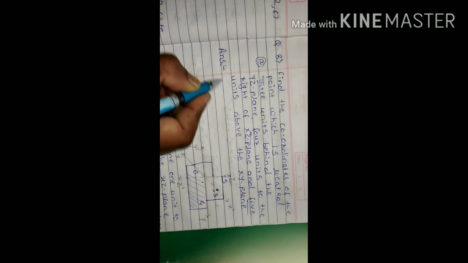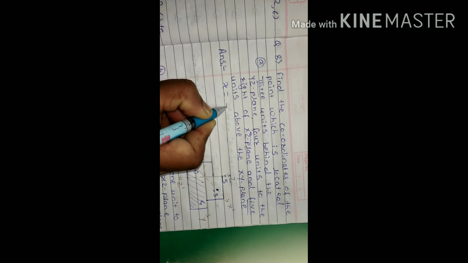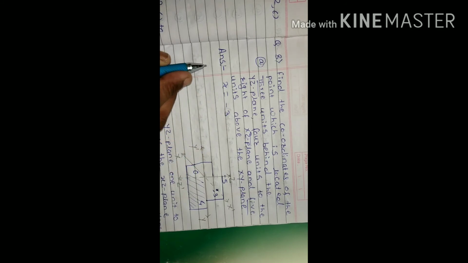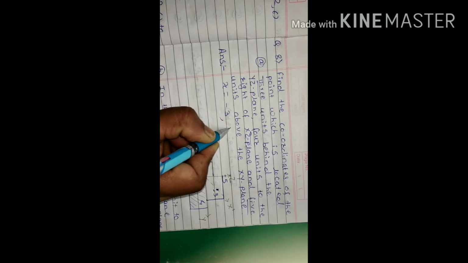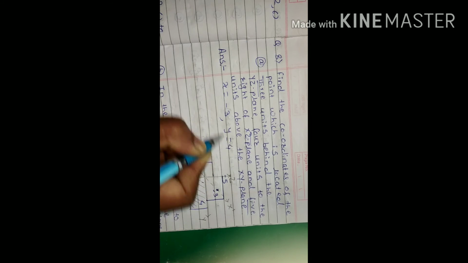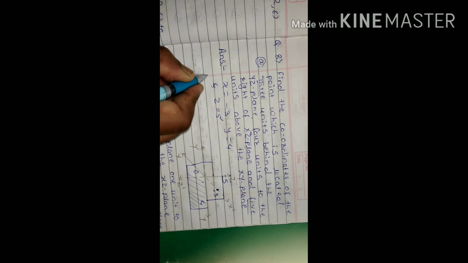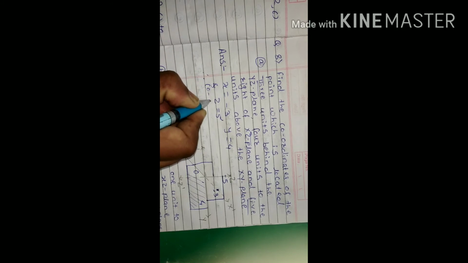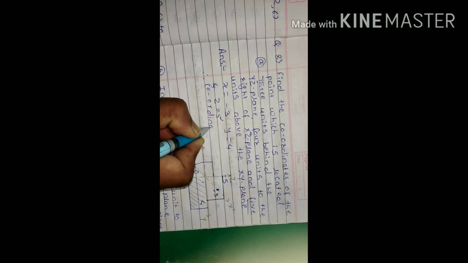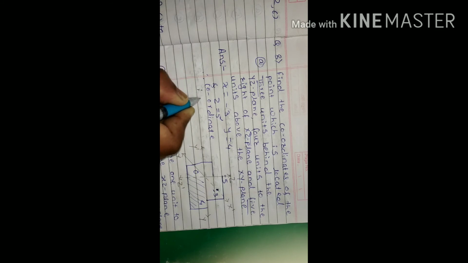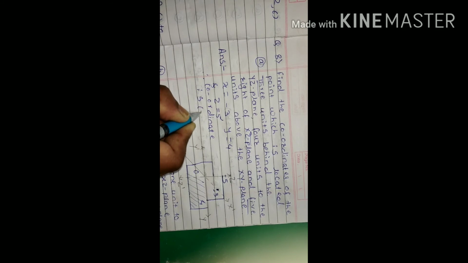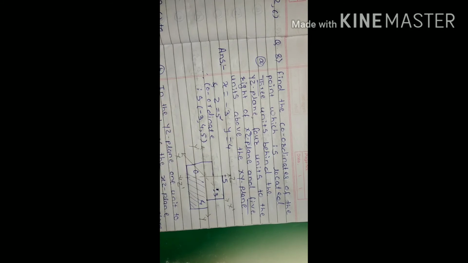Therefore, x is equal to -3, y is equal to 4, and z is equal to 5. Therefore, the required coordinates are (-3, 4, 5). The -3 denotes the x-axis.